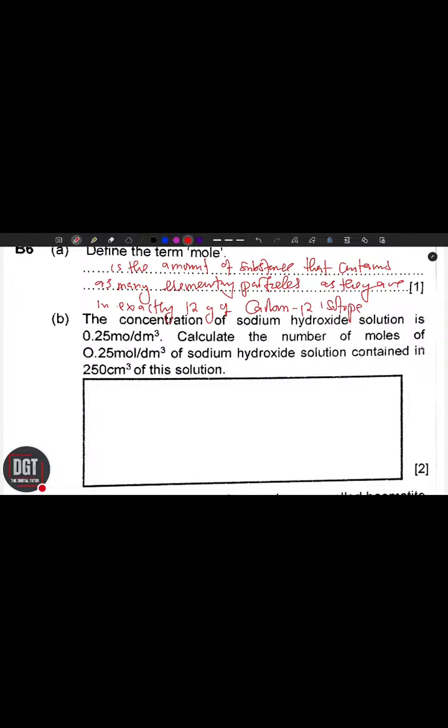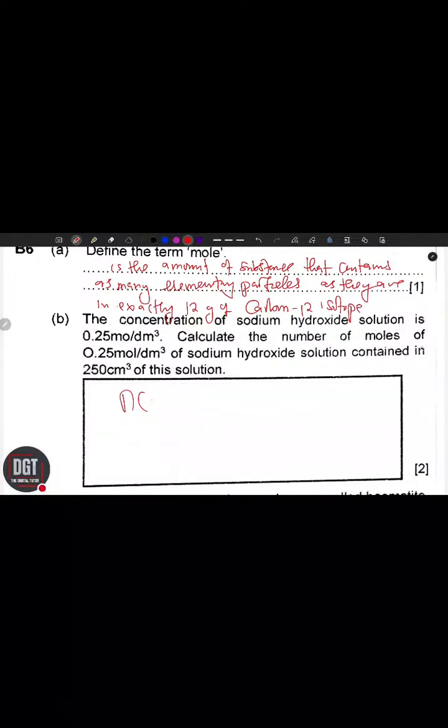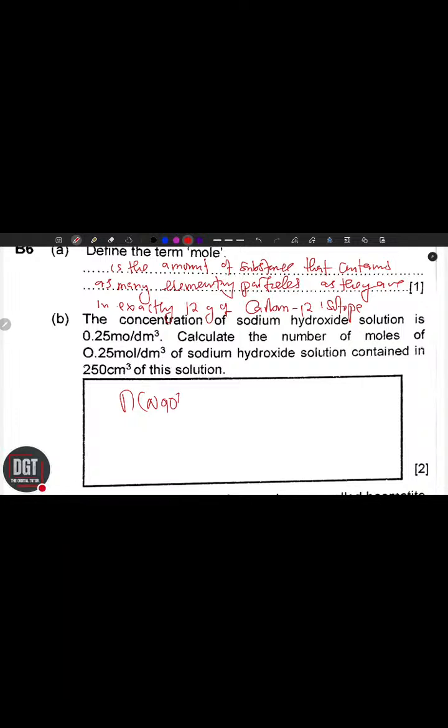Now, the concentration of sodium hydroxide solution is 0.25 mole per decimeter cubed. Calculate the number of moles in 250 centimeter cubed of sodium hydroxide solution. So number of moles of sodium hydroxide, we are using concentration multiplied by volume. So the concentration is 0.25 mole per decimeter cubed.